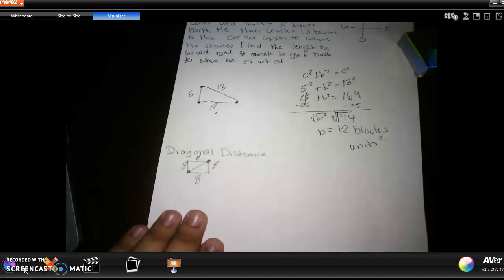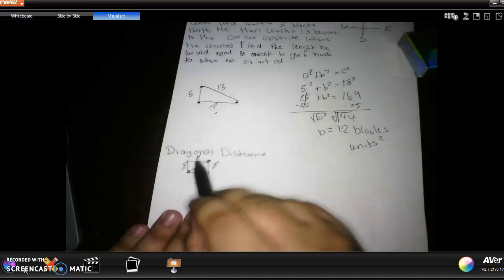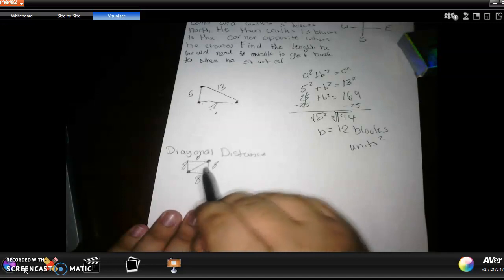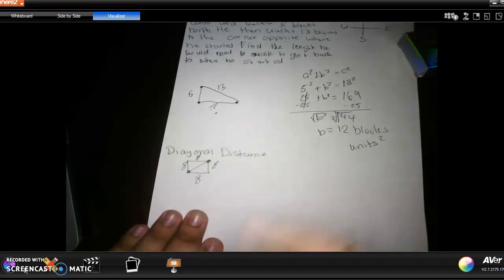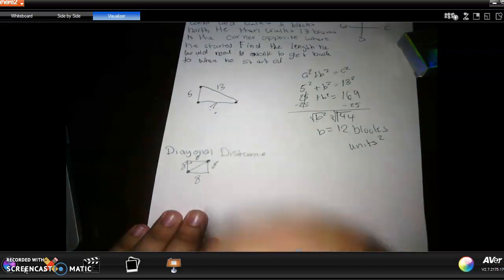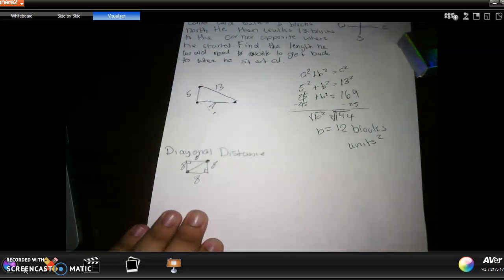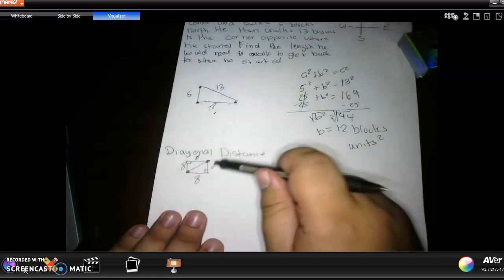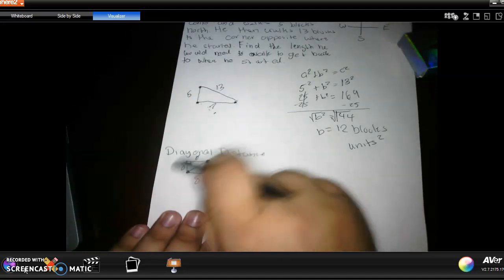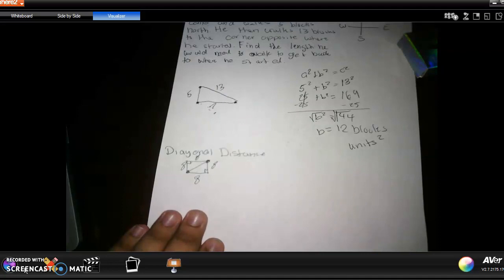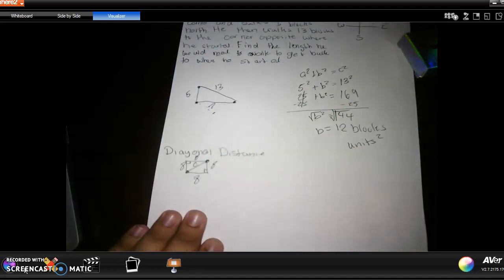Because all the inside angles of a square are 90 degrees, if I cut this in half, look what just happened, 2 right triangles. That means I could use down here, or up here, to find the diagonal distance, which is here. We're going to call it c, because I can use the Pythagorean Theorem.